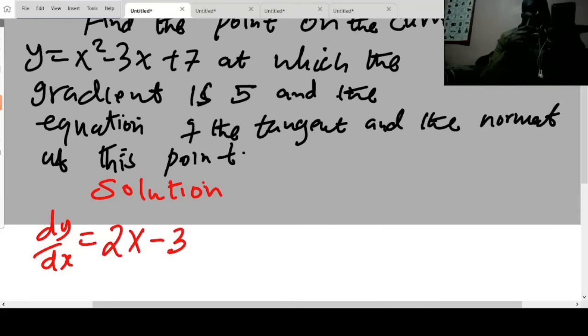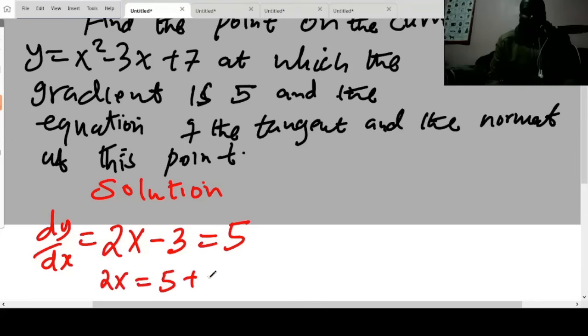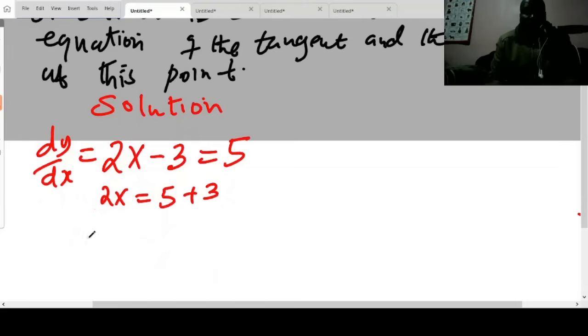It is 3x plus 7. So our gradient function is this, but this function is equal to 5 because we have the gradient. So we want the value of x. So here we are going to say 2x is equal to 5 plus 3, right? So 2x is equal to 8, and dividing by 2 the value of x is going to be 4.